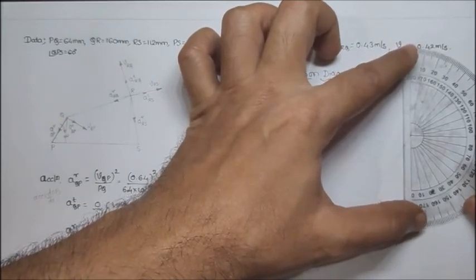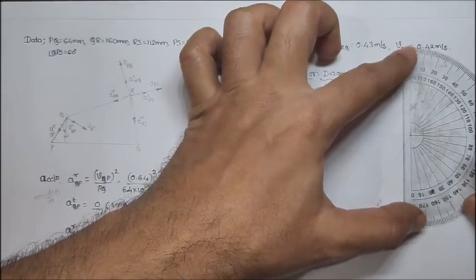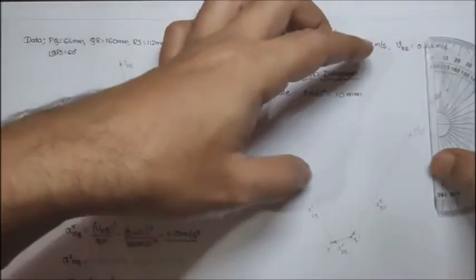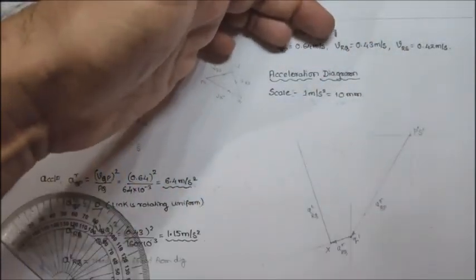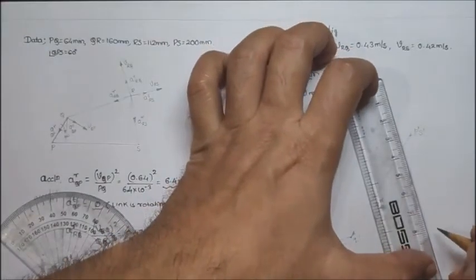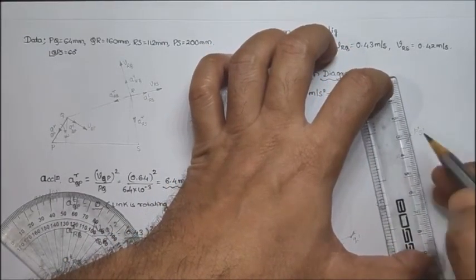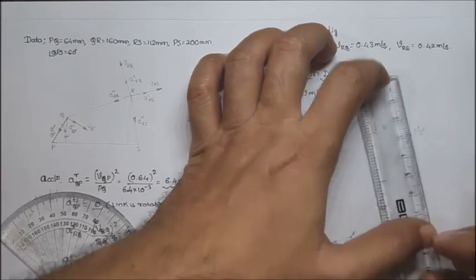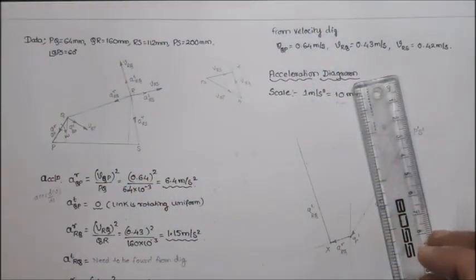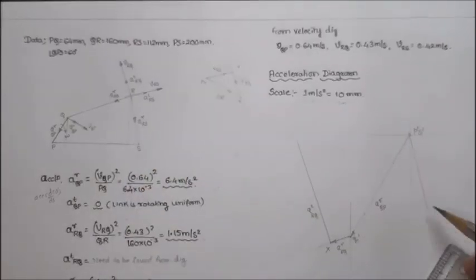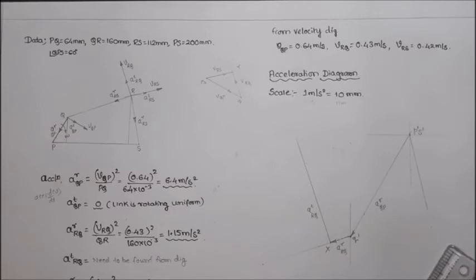Bring the point at point S. Measure 12 degrees. We know its direction from here, but where are we going to get the magnitude? It is 1.575, from here.